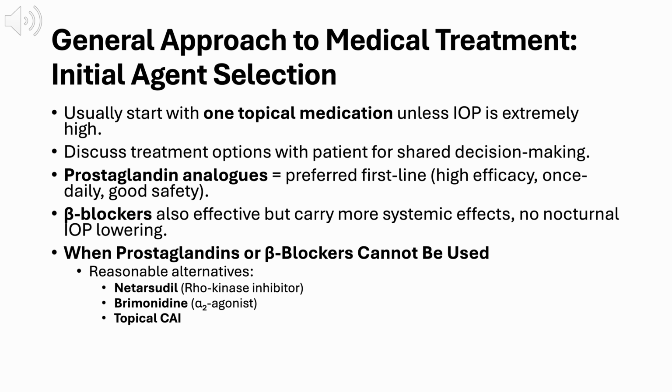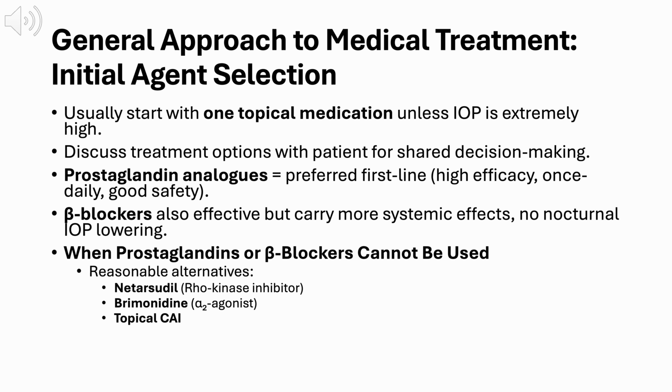Beta blockers remain an effective alternative, but they have more systemic effects and do not lower nocturnal IOP, making them less ideal for certain patients, especially those with pulmonary or cardiac comorbidities. If prostaglandins or beta blockers cannot be used, several reasonable alternatives exist. Netarsudil, a Rho kinase inhibitor that enhances trabecular outflow.